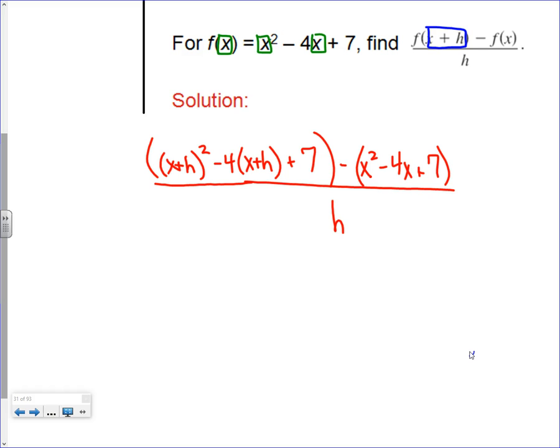Is there anything else that we could do? So instead of plugging in this form of f of x plus h, you could plug in that instead. And that's technically what I'm going to do next. Because I'm going to go ahead and come over here. And our next job will be to simplify. What will we simplify? Well, simplify all of that.